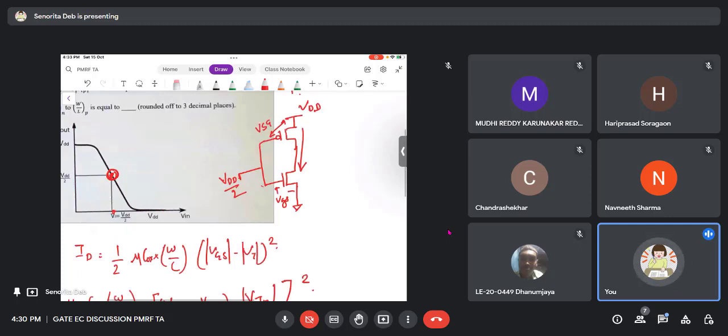It is VDD by 2 for NMOS. For PMOS also it is VDD by 2, but how? VDD, the supply, minus the input is what gives you VSG. But here directly VDD by 2 minus 0 volts gives you VGS, a simple KVL. So this is (VDD by 2 minus 0 minus VTN) square. Okay, so you have all the values. Now plug in the values, solve this and let me know the answer.